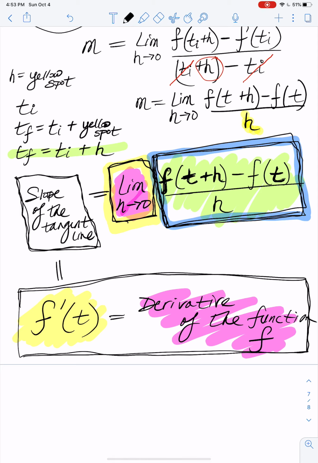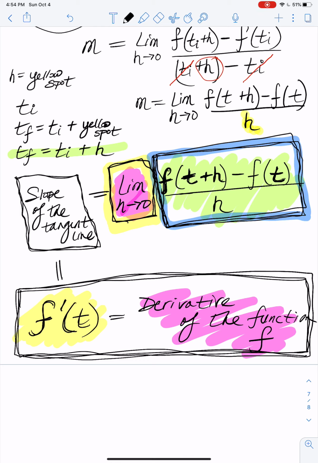It was f. And because we don't like to write derivative of the function f, which is a lot to write, we just write f prime of t, which is the function f that operates on t. It's its derivative. And that is the same as the slope of the tangent line.